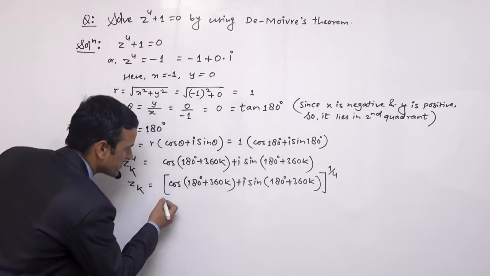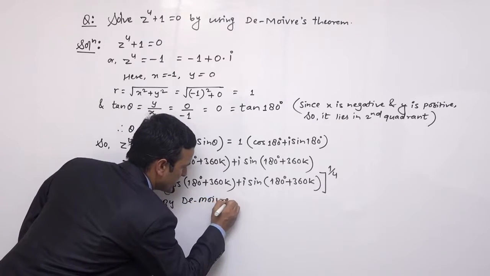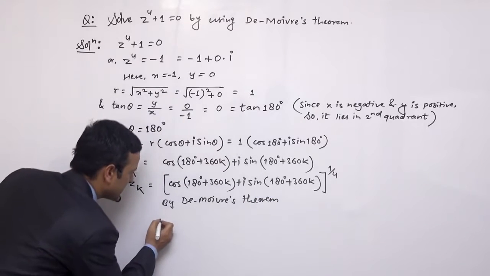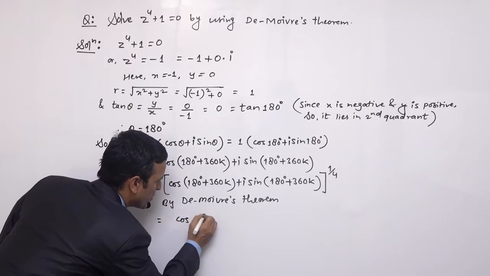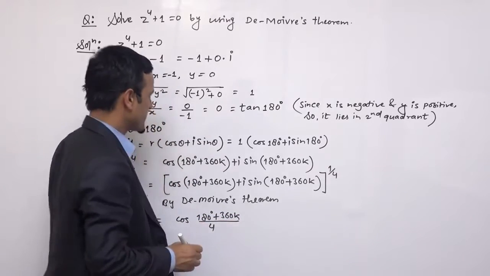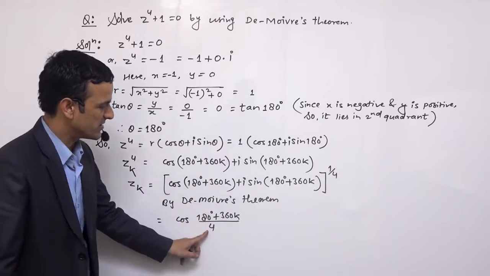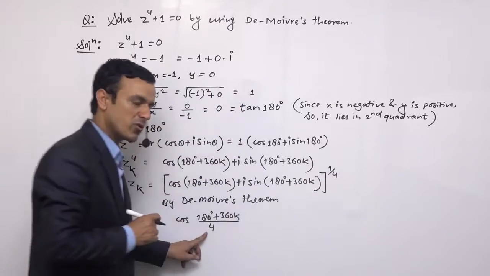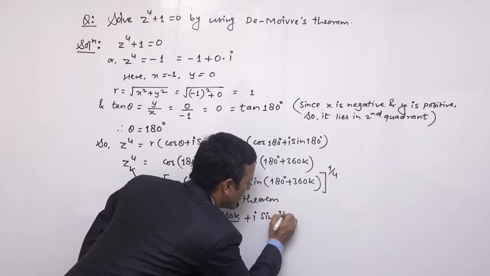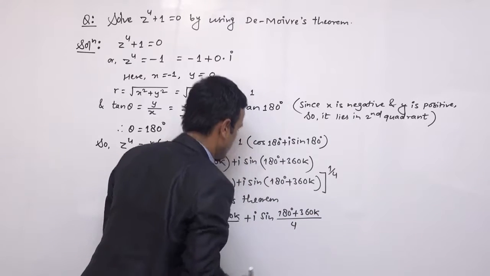Now we can use de Moivre's theorem. By de Moivre's theorem we get cos of (180 plus 360k) divided by 4, where n times theta means this one divided by 4. Since 4 is in the denominator, here also 4 is in the denominator, plus i sin of (180 plus 360k) divided by 4.